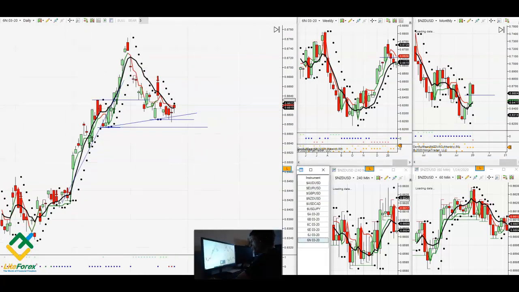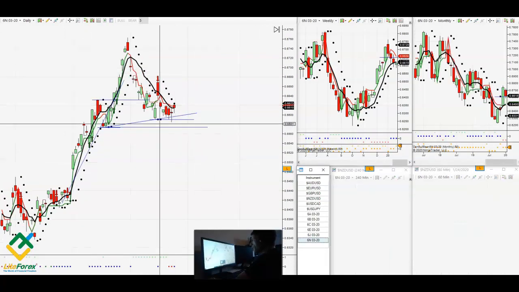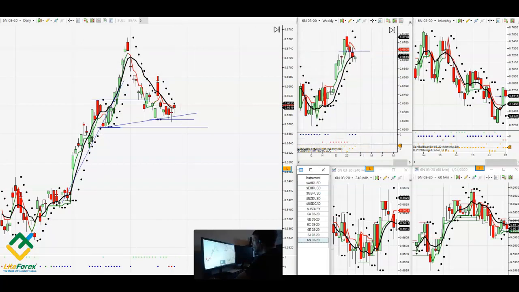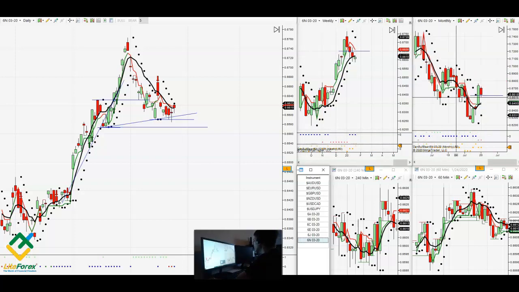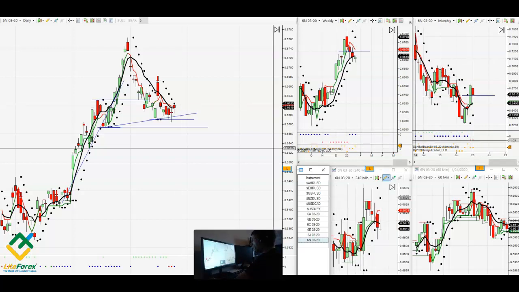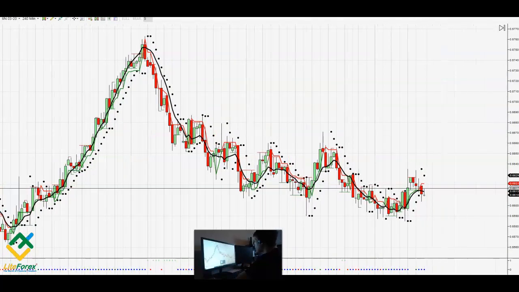Looking at the futures, it's definitely looking to me more like it's got some more upside. The futures were actually green for the week, and holding that mid-level on the futures for the monthly chart as well. Let's take a look at a 240-minute chart.